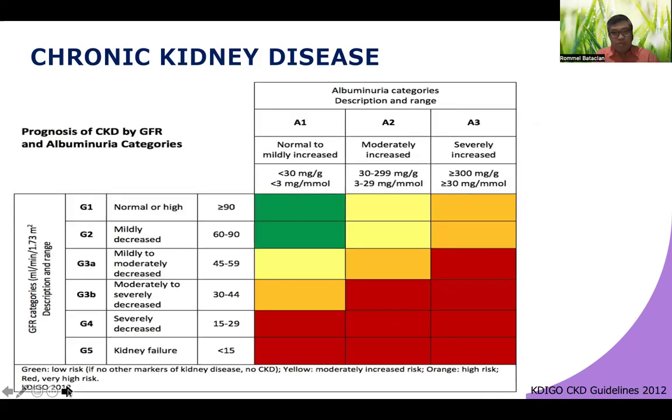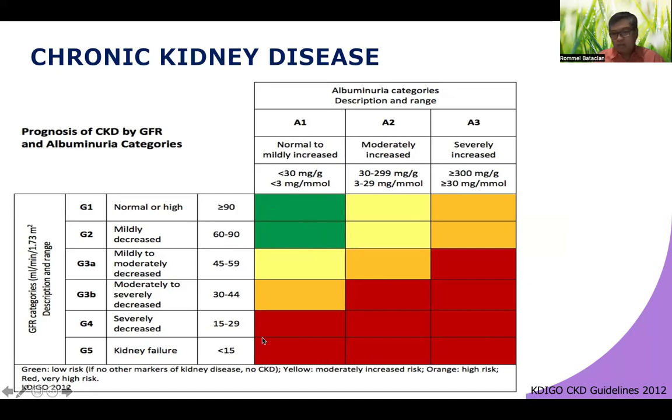Now, based on that estimated GFR, in addition you also have to measure the urine albumin in order to determine or classify its stage. So you classify it not just based on the estimated GFR, as you can see here, but also on the level of albuminuria that the individual has. For example, if the estimated GFR is 72, which is here, and the urine albumin creatinine ratio is 2 milligrams per millimole, here, green means there is a very low risk of development of end-stage renal disease.